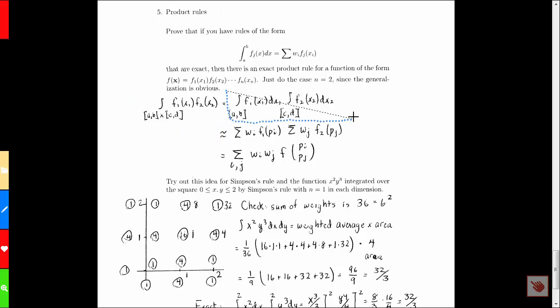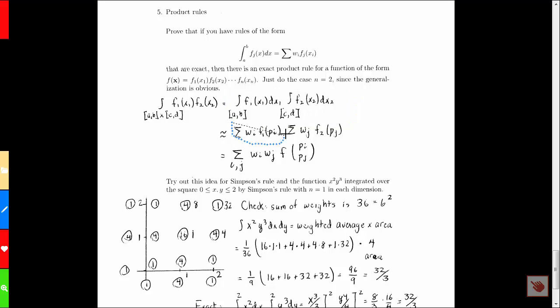And by a product rule that we proved in the first week of this course, we know that this integral can be evaluated by integrating f1 from a to b, integrating f2 from c to d, and multiplying the results together.